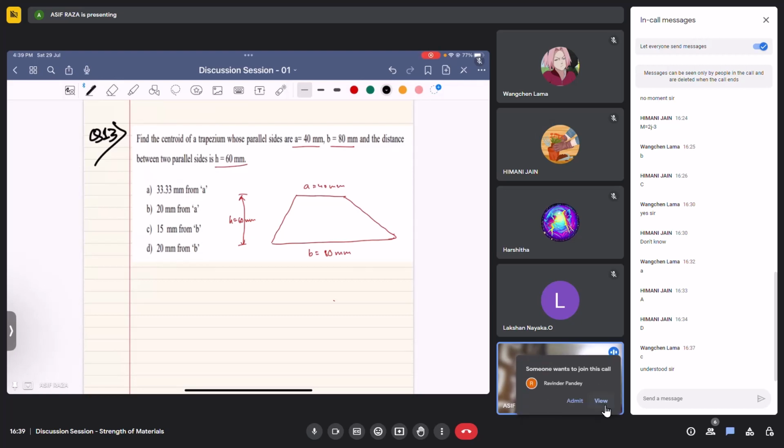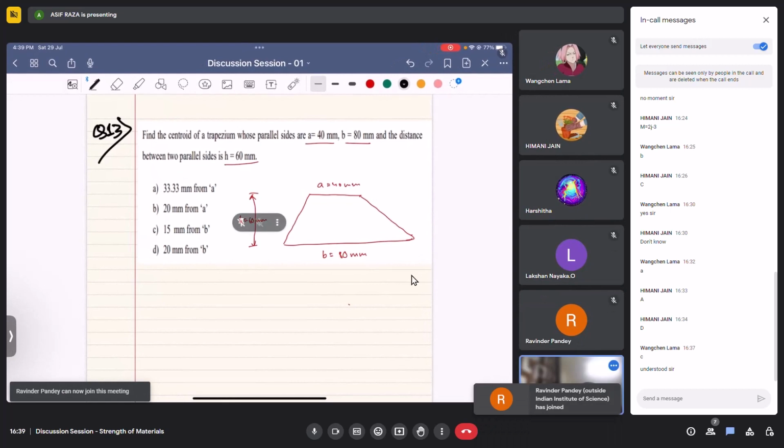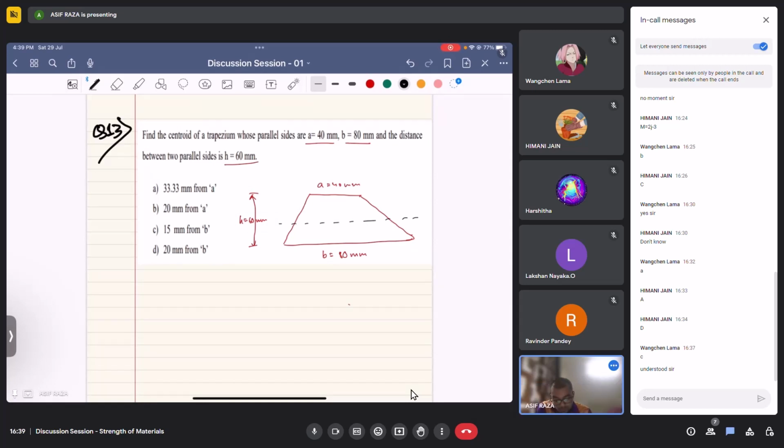Where the centroid would be, that is the question. Like this body has a centroid, right? So where would it lie? That we need to find. So any of you, unmute yourself and just try to say how you would proceed to find the centroid.